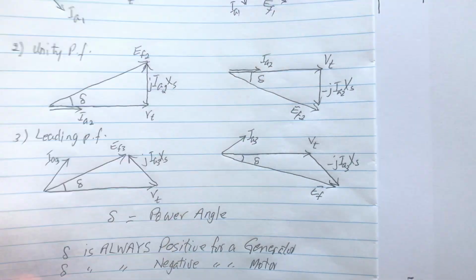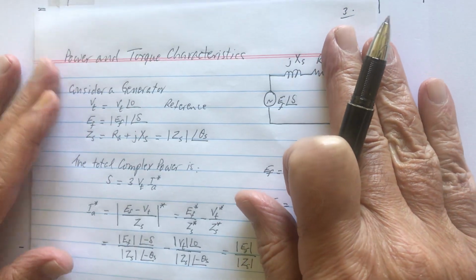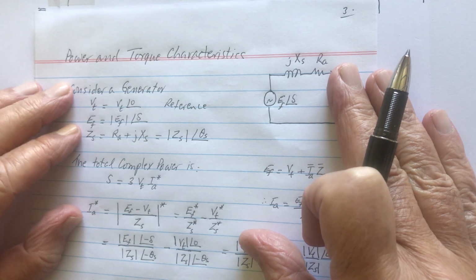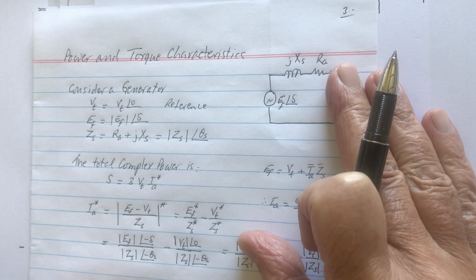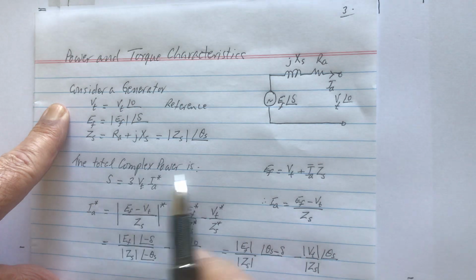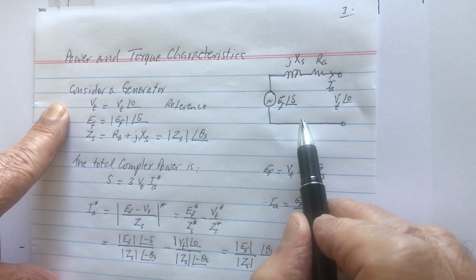Now, if we come to the next topic we have in the synchronous machines, which is power and torque characteristics of the machine. If we consider a generator, this is the equivalent circuit.